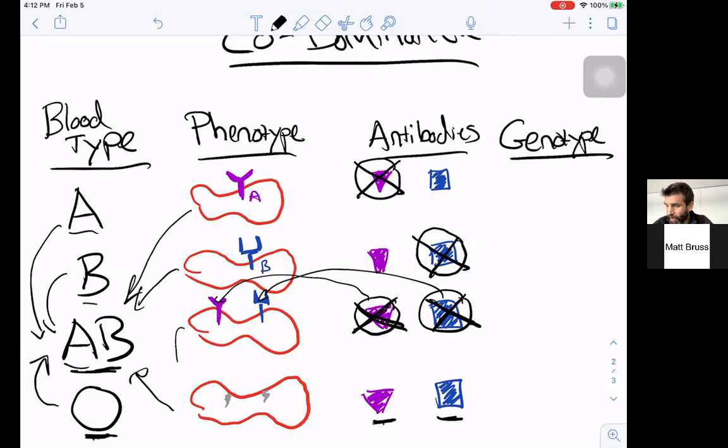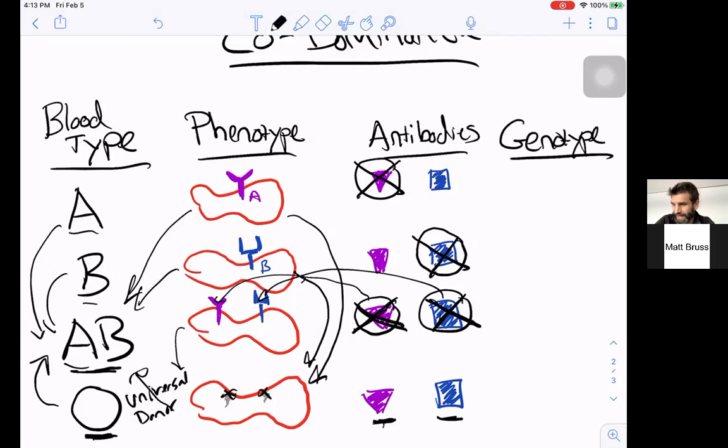So any other blood that you might get in a transfusion, you're going to react to because you produce both of the antibodies. The nice thing about O, though, is that your red blood cells, if you're type O, don't have the protein. So there's nothing for the antibodies to recognize. So that's why O is known as the universal donor.